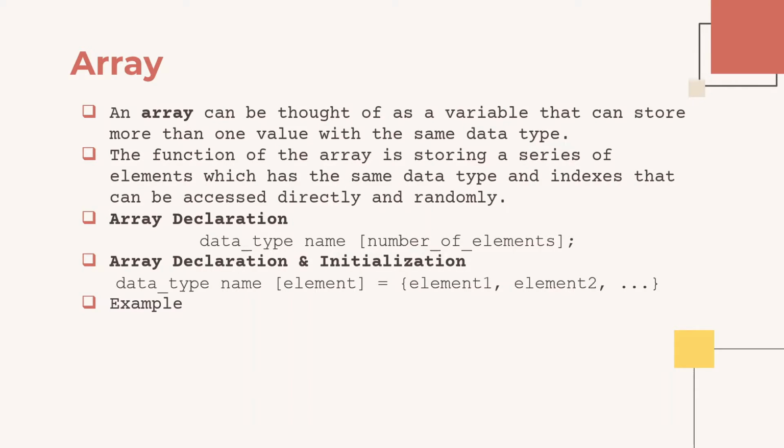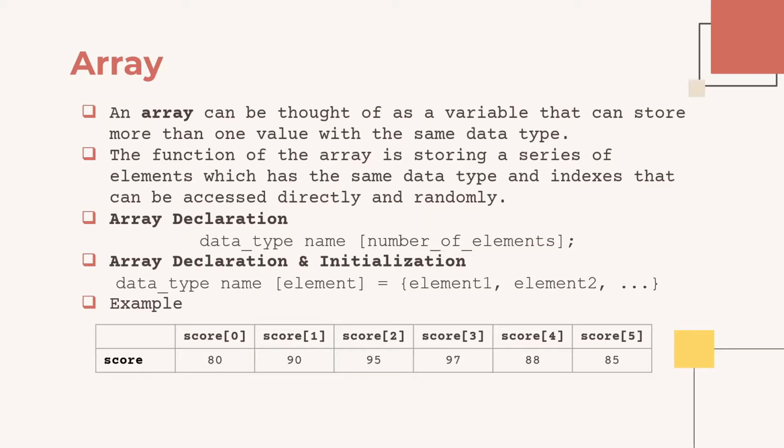For example, if we have score data which contains 6 elements, we can declare it using integer score and then bracket 6. We can also declare and initialize an array in one statement using integer score[6], then an equal sign, and then curly brackets, and we specify the contents of the data inside the curly brackets.